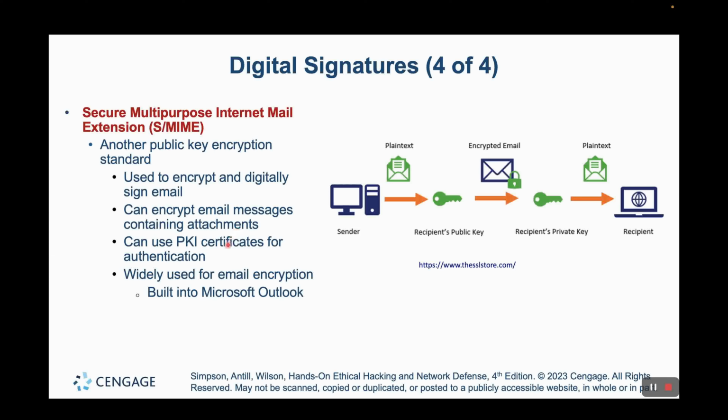It also has the ability to use PKI certificates for authentication, and it's widely used for email authentication, and it's built into Microsoft Outlook. You could simply find the configuration for it, and it's not really difficult to configure. In addition to Microsoft Outlook, you can find it in Apple Mail, Gmail, the G Suite Enterprise, your iPhone, iOS Mail, and so on.